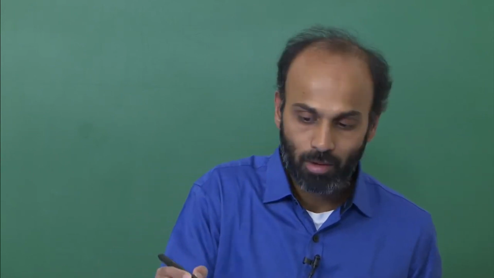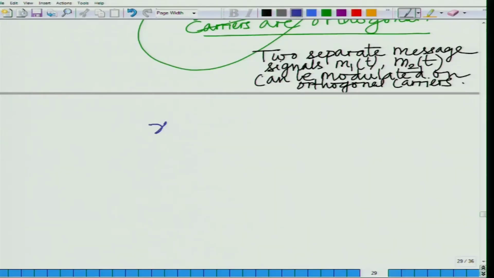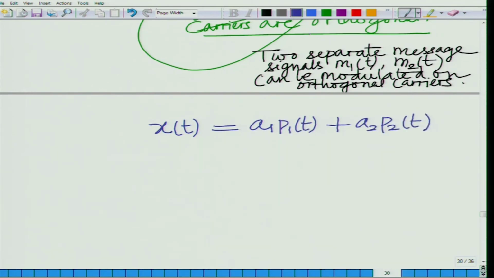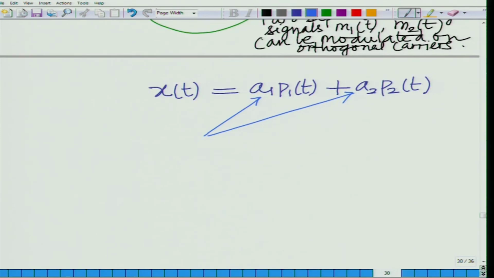So what I am going to do now is generate my signal x(t) as a1 times p1(t) plus a2 times p2(t). Notice that I am modulating not one symbol but two symbols, a1 and a2.